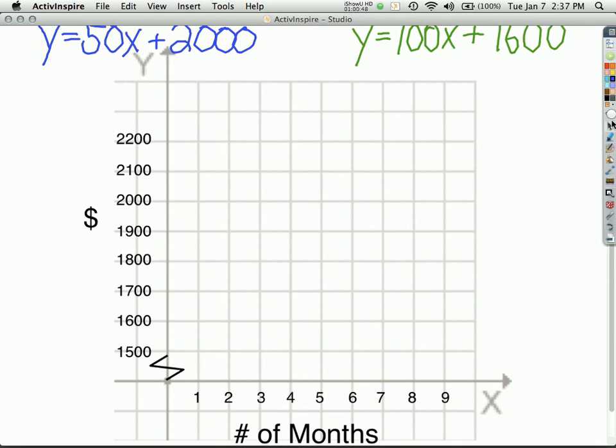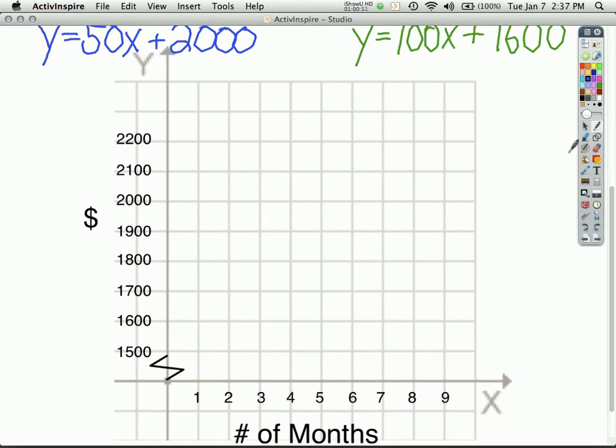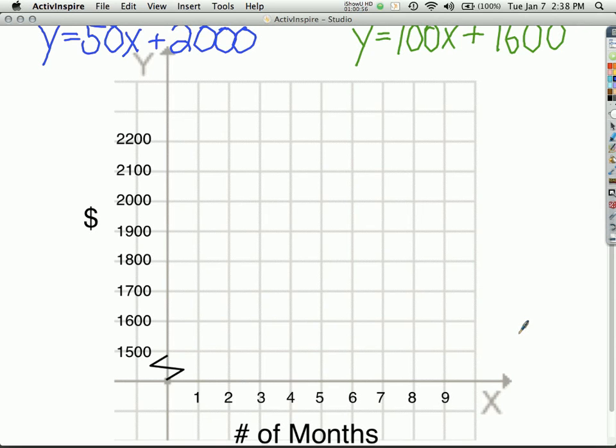And so when I want to graph something in slope-intercept form, where do I start? Edgar? What is the y-intercept? 2,000. This is our starting point right here. So we start right here at 2,000, and then we rise 50, and just as John said, this really means 50 over 1. So it's a rise of 50 over 1, there's another dot. I'd rather it be on the lattice.